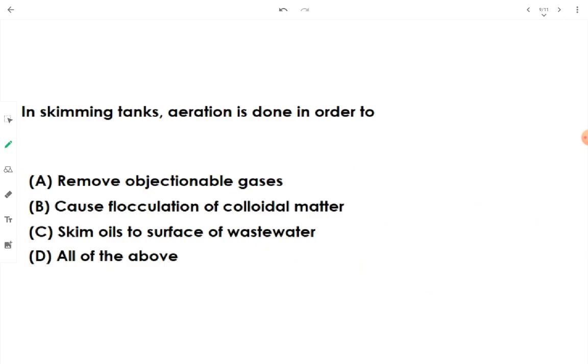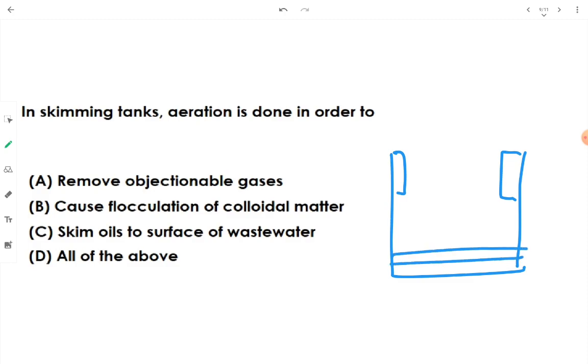Now let's focus again on the diagram. Let's say this is the skimming chamber in the skimming tank. Now we will be having diffuse air aeration over here. What will happen when wastewater is filled up here along with fats, oils and grease? The bubbles will be attaching themselves to the particles of fats or oils or grease, or any general scum.